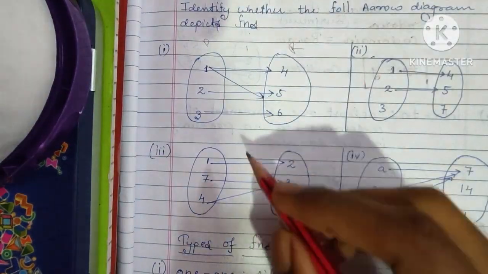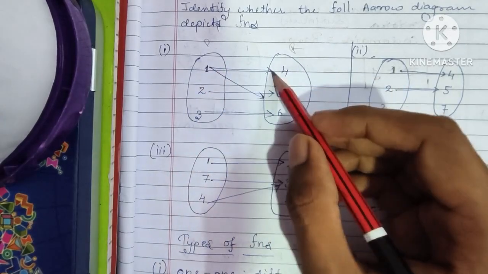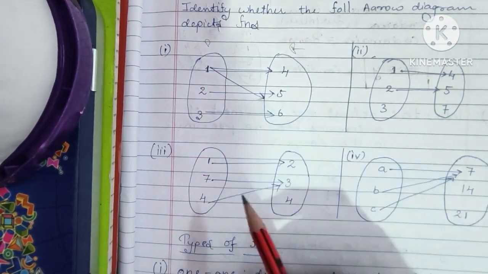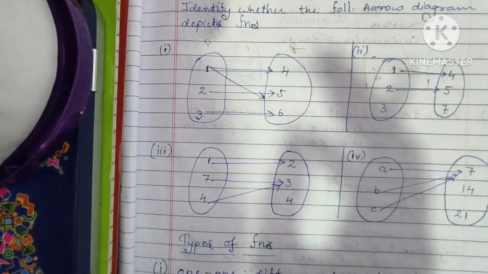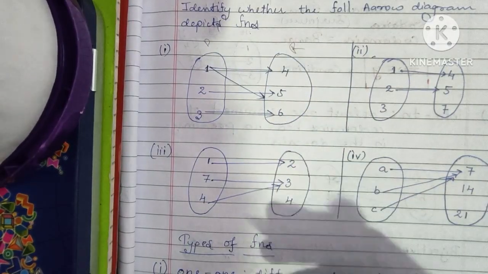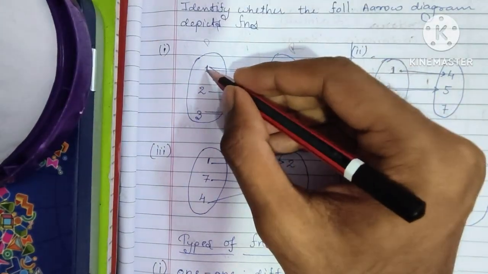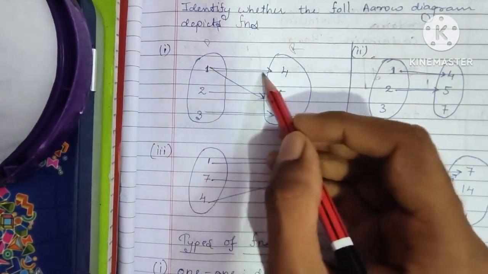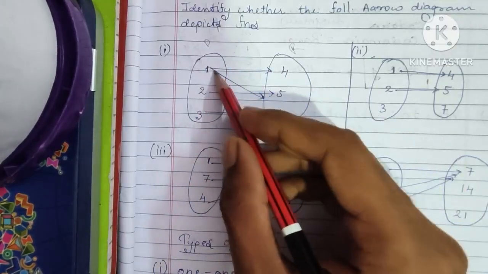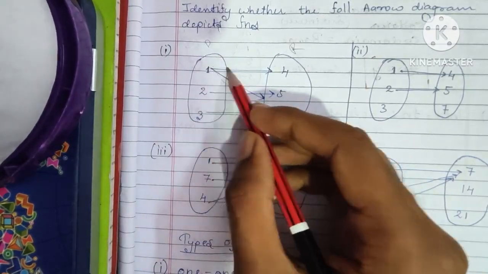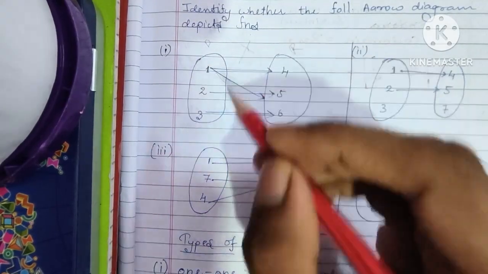Okay, so here 1 has image 4 and 1 has image 5. You have to consider the domain as a house. Any house contains only one main door. So all the values of x are houses. Here 1 has two doors, that is two values. If we put 1 inside a function, that is not practical. So it is not a function.